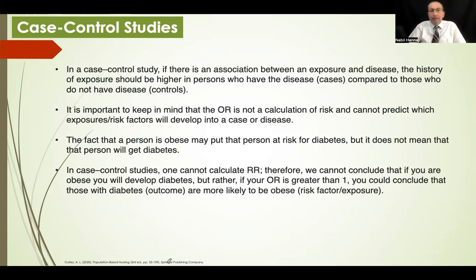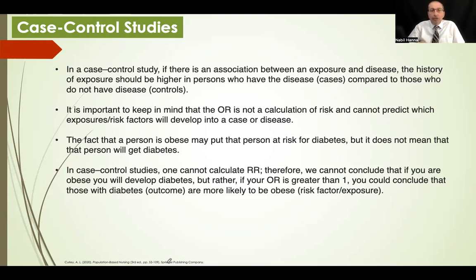It's important to keep in mind that the odds ratio is not a calculation of risk and cannot predict which exposures or risk factors will develop into a case or disease. The fact that a person is obese, for example, may put that person at risk for diabetes, but it does not mean that that person will actually get diabetes. It's just at risk for diabetes.